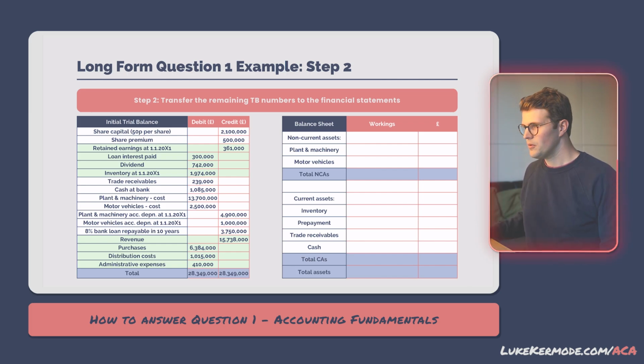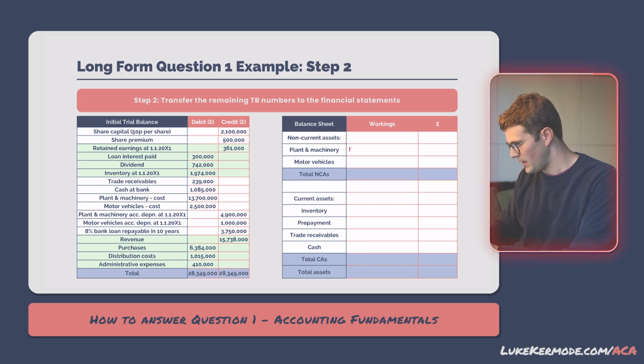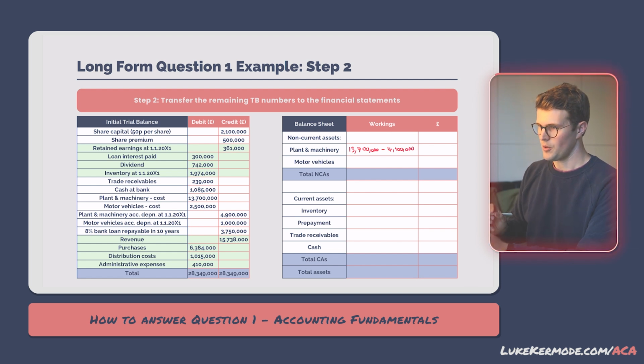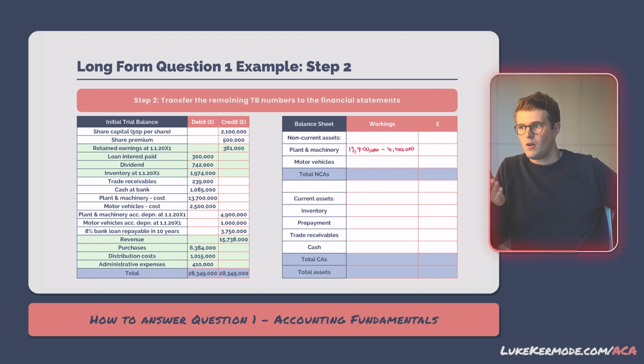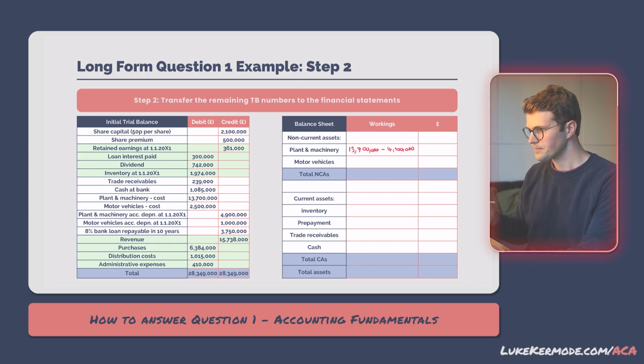Let's continue on with step 2 by turning our attention to the asset side of the balance sheet. We start at the top with non-current assets from the trial balance. We can see that we have plant and machinery, which has a cost of 13,700,000, and it also has accumulated depreciation of 4,900,000. So we net those off against each other in the balance sheet workings column, which is 13.7 million minus 4.9 million.